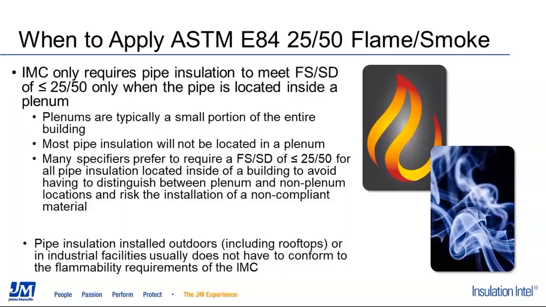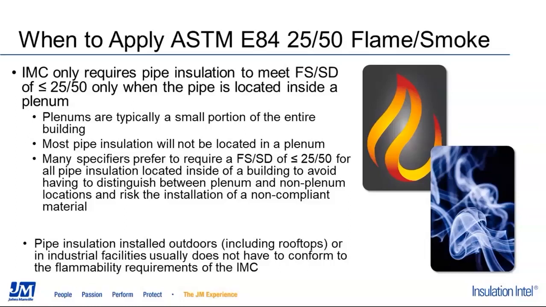Some buildings, such as modern hospitals, use fully ducted HVAC systems to prevent the spread of germs, so they are likely to contain no plenums at all. However, given these facts, most specifiers prefer to require all pipe insulation inside a commercial building meet flame and smoke of 25/50.